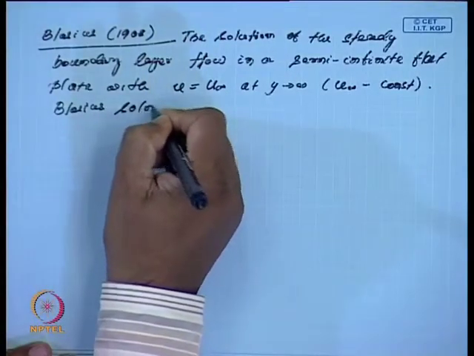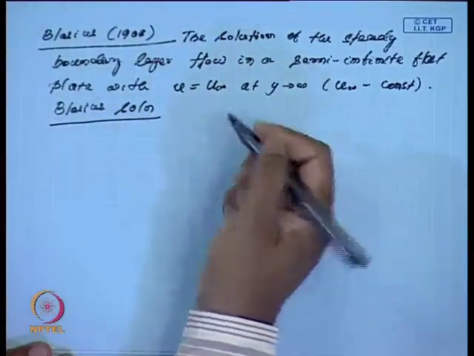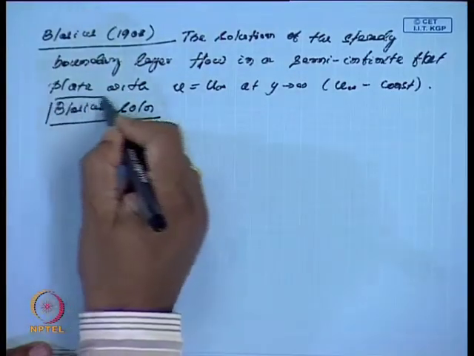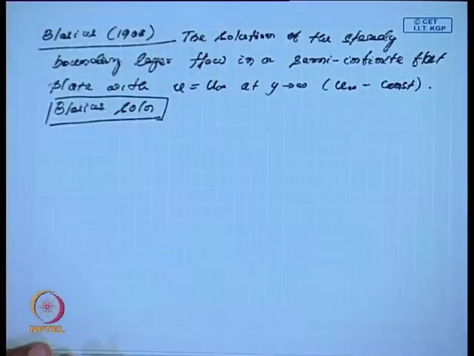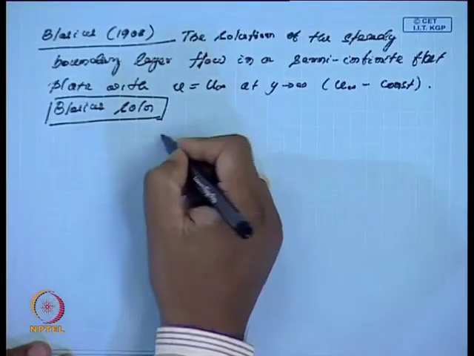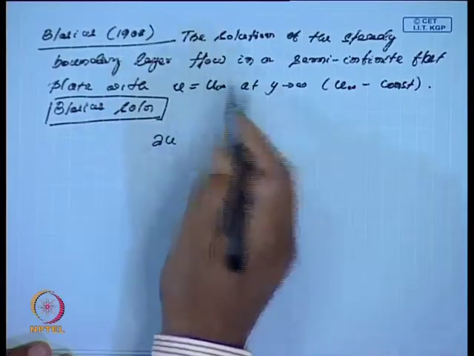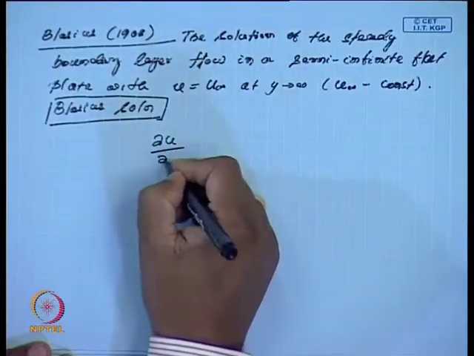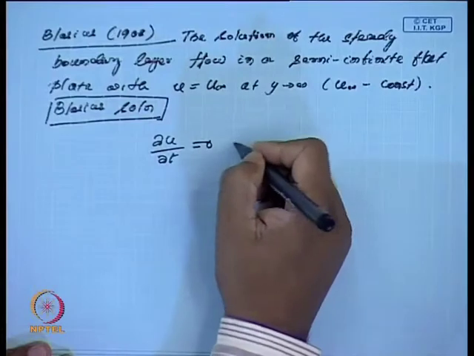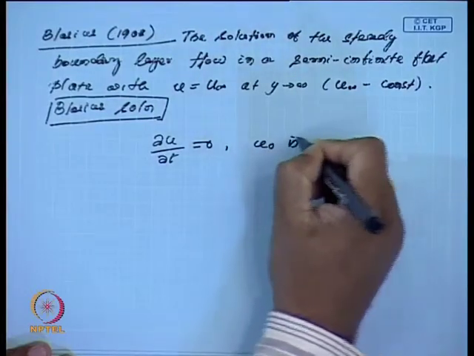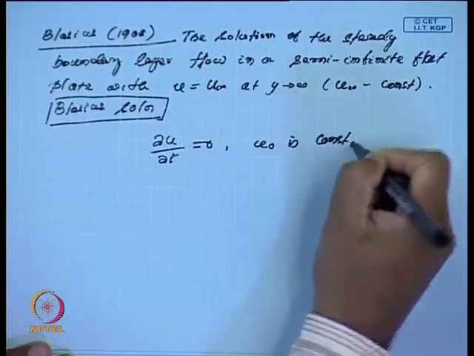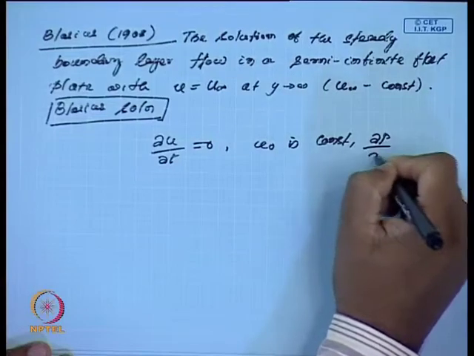In fact, often it is called the first problem for which a solution was obtained after Prandtl's boundary layer equation was derived. In this case, obviously, because the motion is steady, we have del u by del t is 0, and since u naught is constant, we have del p by del x is 0.